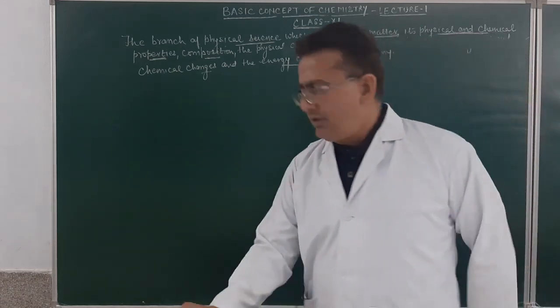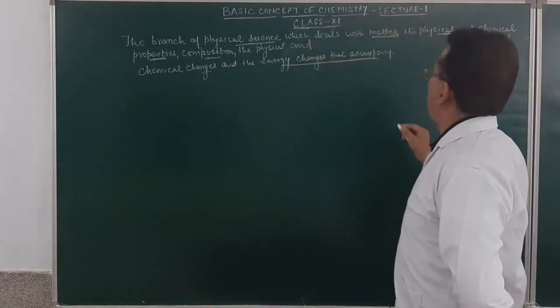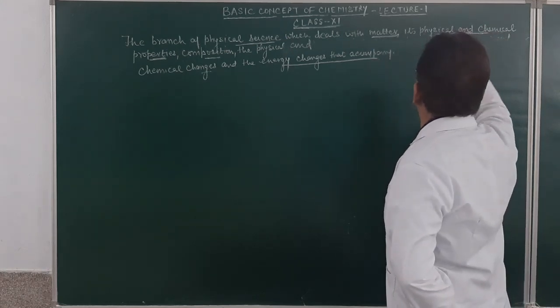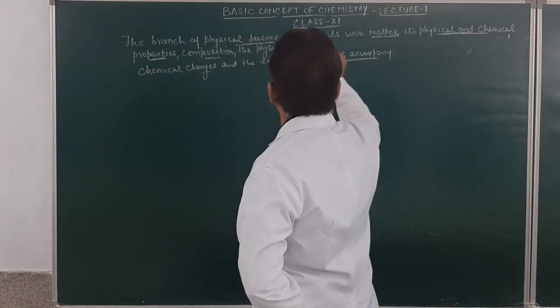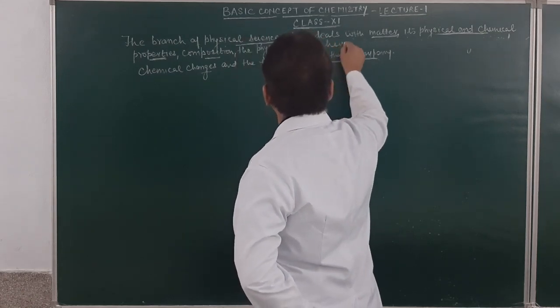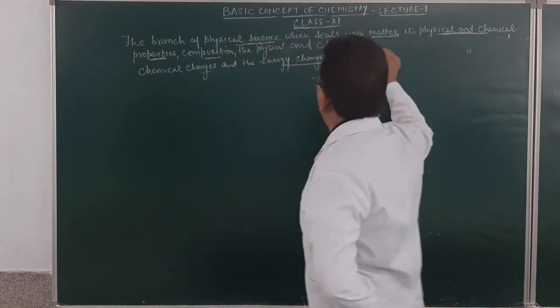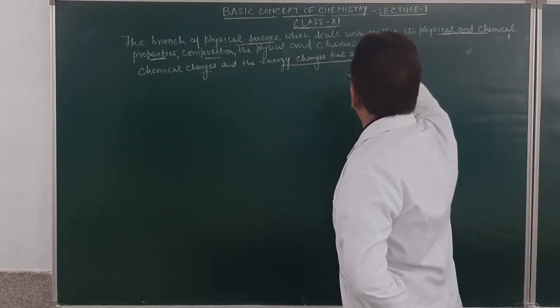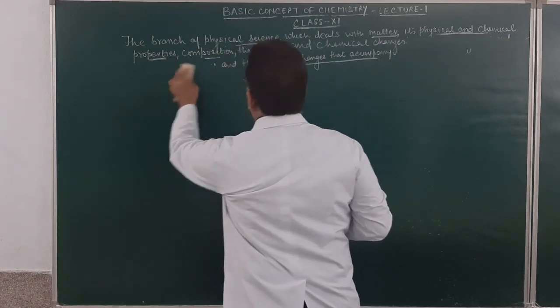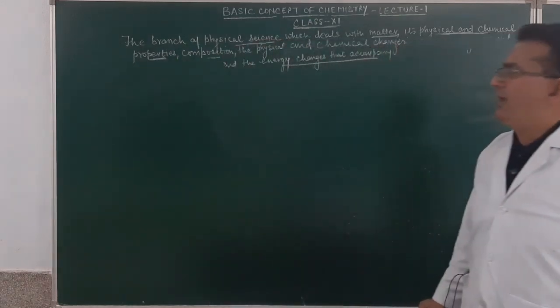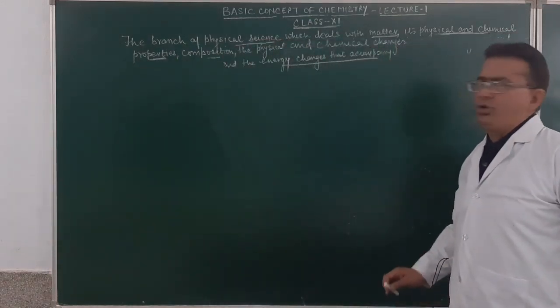Am I clear? So, the branch of physical science which deals with matter, its physical and chemical properties, the composition, the physical and chemical changes, and the energy changes that accompany this process. Am I clear, students? This is called chemistry.